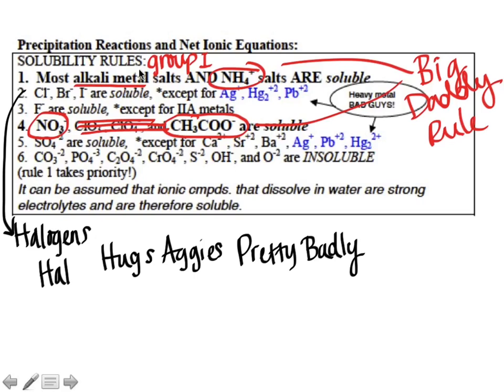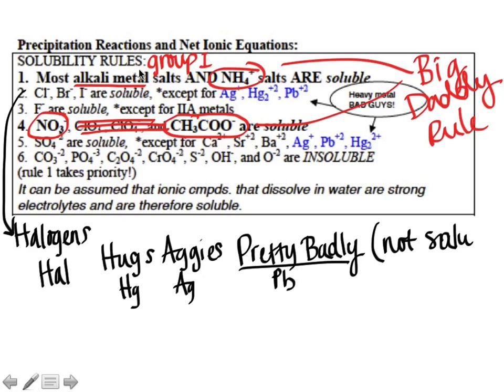Hal hugs Aggies pretty badly. Hugs is mercury. Aggies is silver. And pretty badly is lead. So if Hal is hugging one of those three, then it is not soluble.